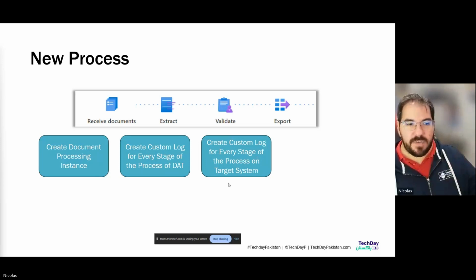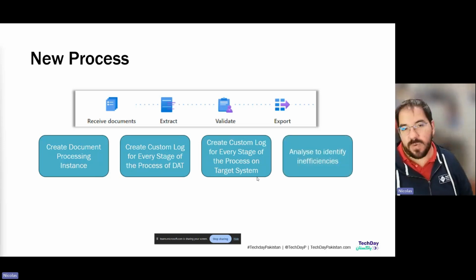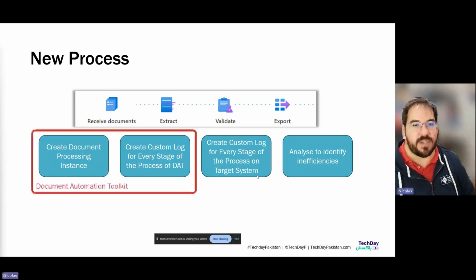So if you have that, you can track what is happening on SAP with this invoice: when it's approved, when it's processed, and at the end of the day, when you pay it. And you could potentially track the end-to-end of that process, both happening in Document Automation Toolkit and on your target system. And that's where you want to analyze for inefficiency.